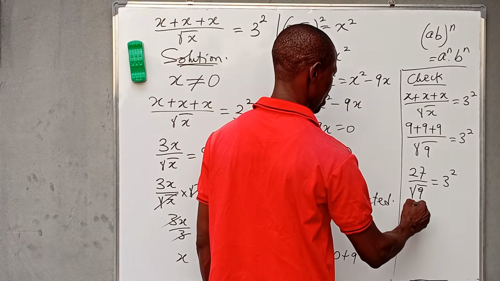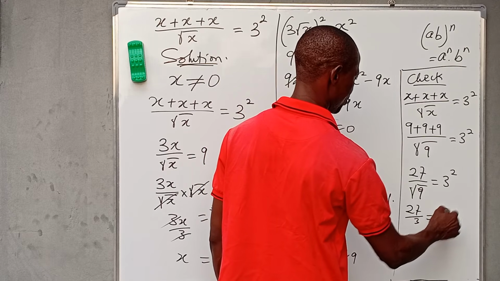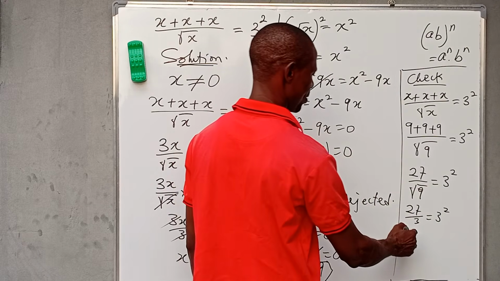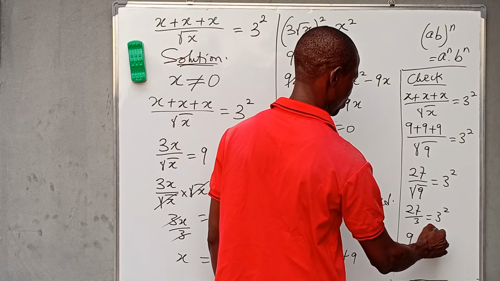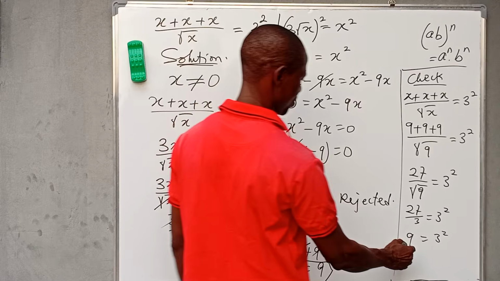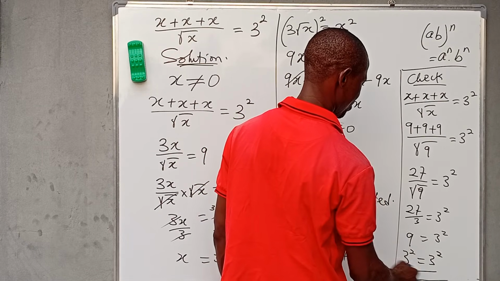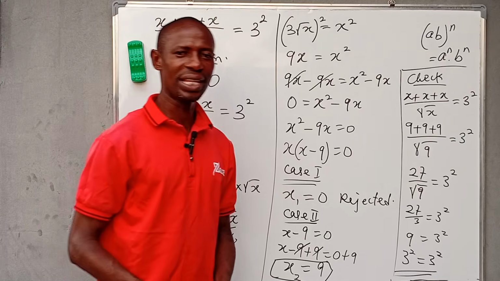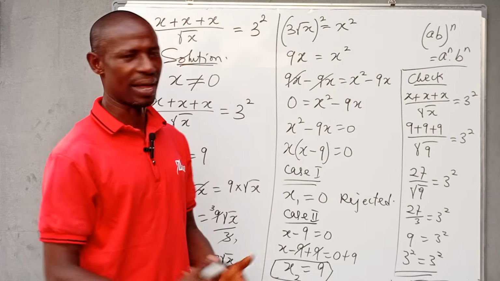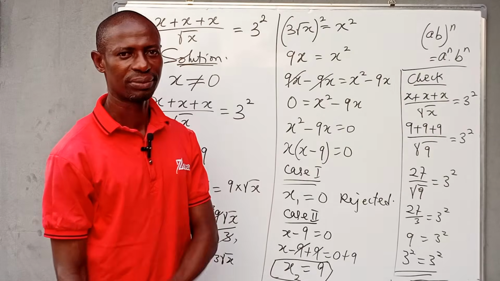So we have 27 over 3 equals 3 to the power of 2. 27 divided by 3 will give us 9, which equals 3 to the power of 2. And 9 can be expressed as 3 to the power of 2. So we have 3 to the power of 2 equals 3 to the power of 2. This shows that the only answer that satisfies the original equation is x equals 9.